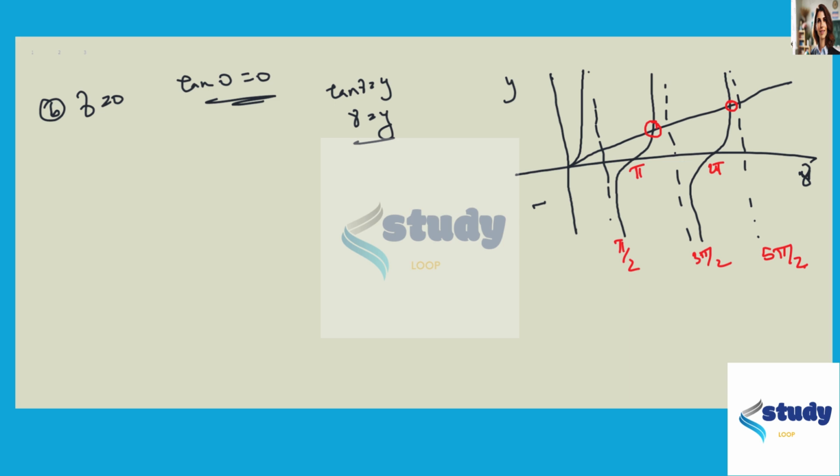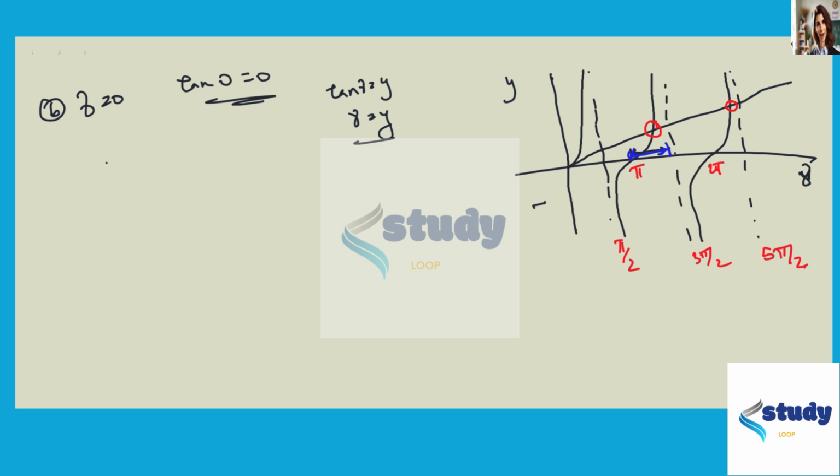Now, for the first solution, we know it must lie within this range. So the first solution lies between pi and 3 pi by 2.